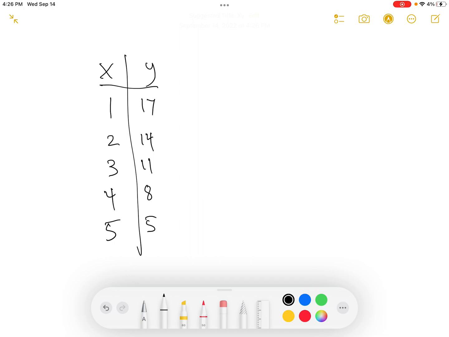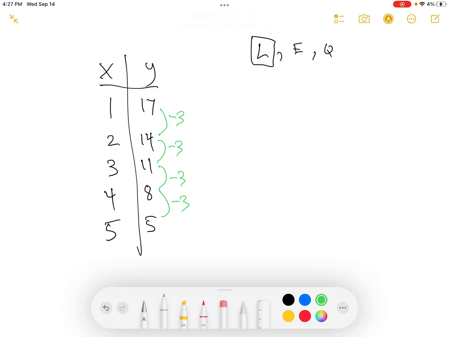So the question, the prompt here is to, first of all, determine whether it's linear, exponential, or quadratic. Now, I always try first to see if it's linear. If it's linear, it has some kind of common difference. So going from 17 to 14, 14, 11, I'm noticing that each time I'm going down by 3. So yeah, it's going to be linear.